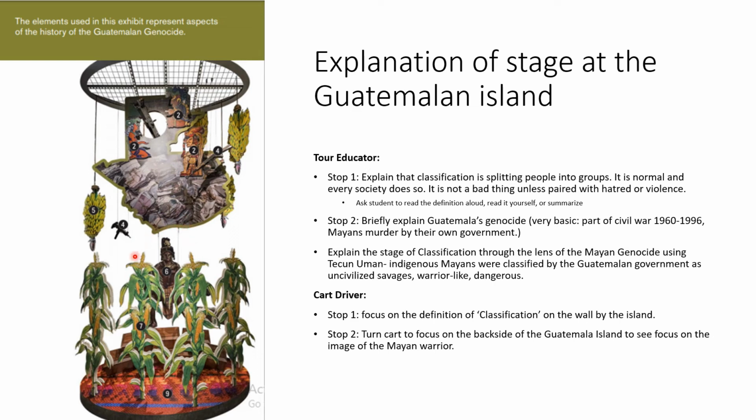Ask the students, what does this man look like? What are some distinguishing features? He looks like a warrior, right? They're using dark colors to portray him. And explain that indigenous Mayans were classified by the Guatemalan government as warrior-like, as dangerous, because of some of their historical figures like Tekun Uman.